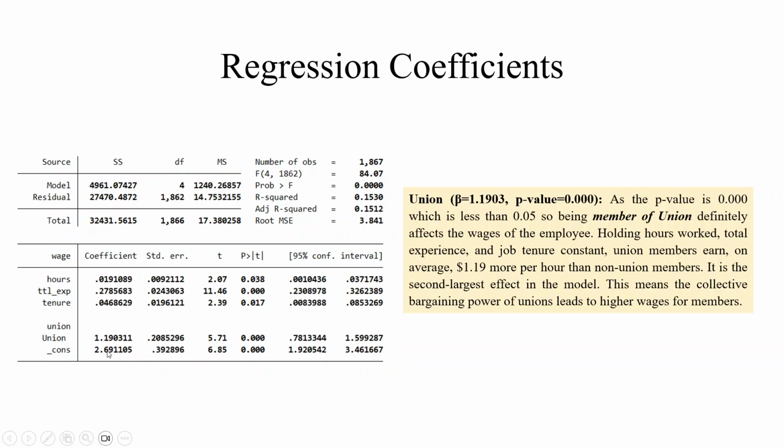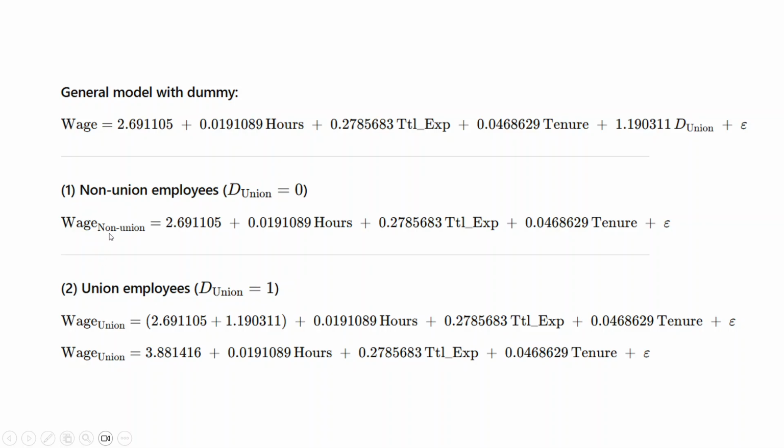So you can see 2.69, 1.19, 0.046, 0.278, 0.0191. Now what will be the equation for non-union employees? D union will become 0 and our equation will be 2.69 plus 0.019 hours plus 0.278 total experience plus 0.046 tenure. This part will not be there.